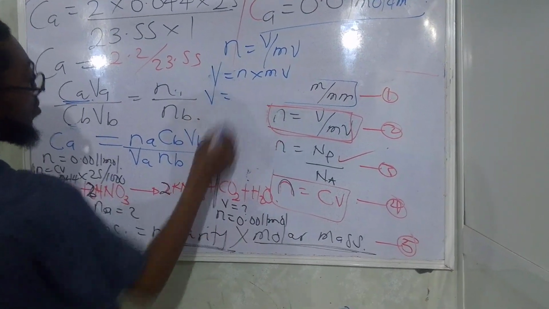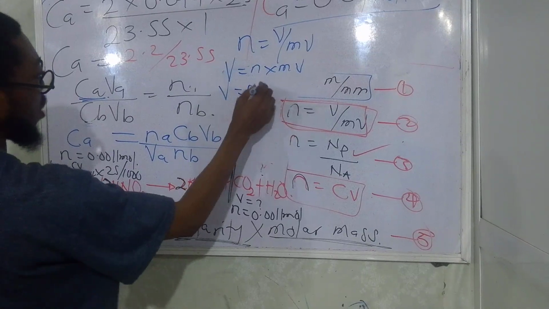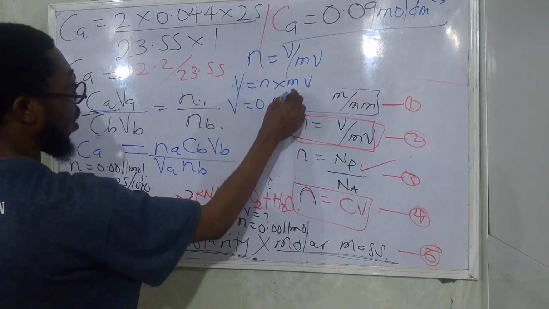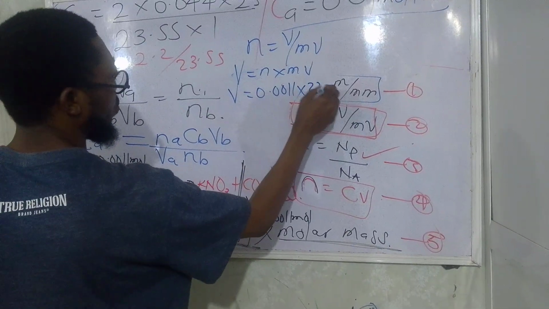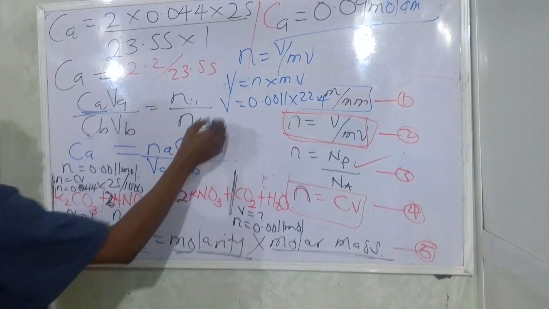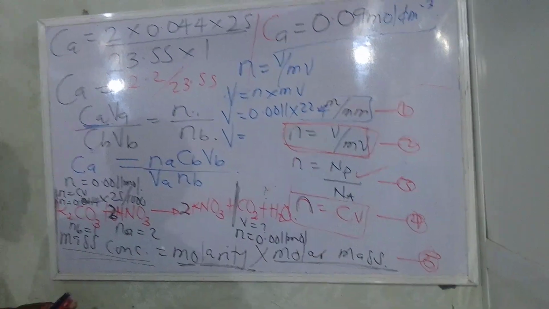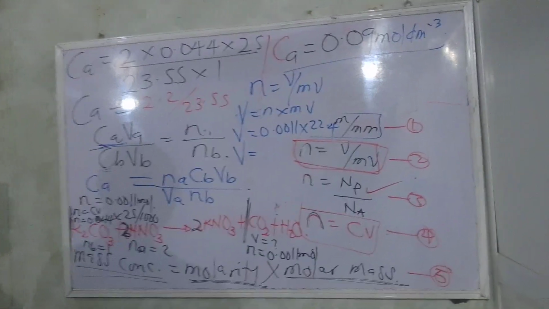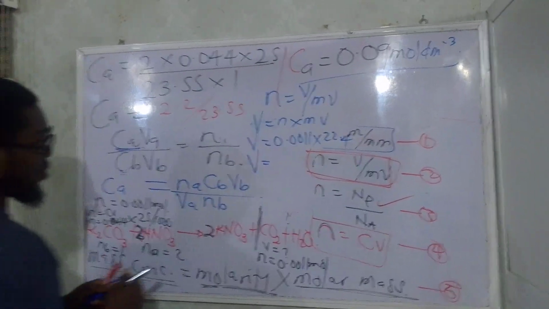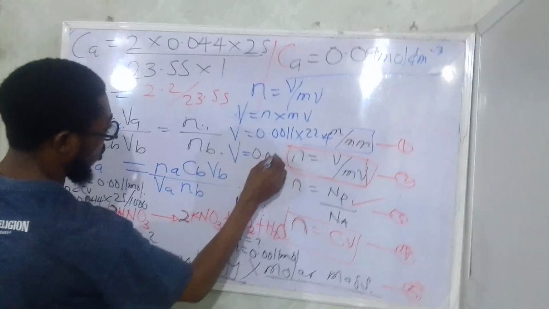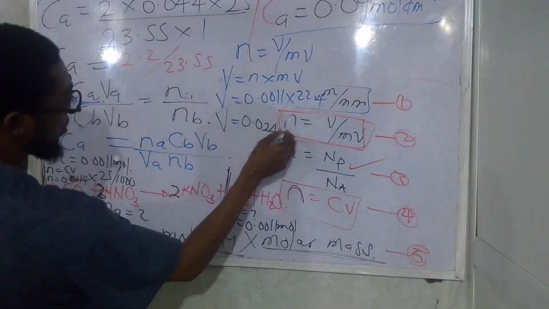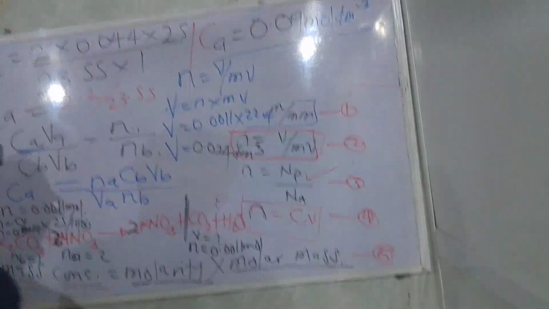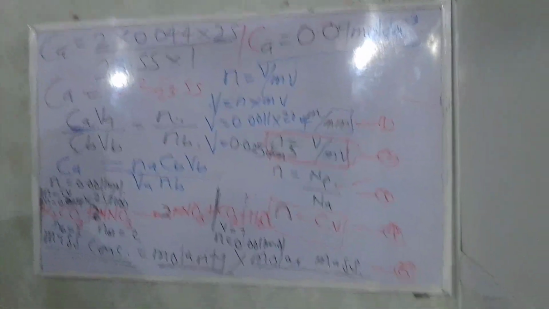So the volume is now 0.0011 times the molar volume at STP, which is 22.4 dm cube. So the volume of CO2 produced is now 0.025 dm cube. So that's the volume of that one.